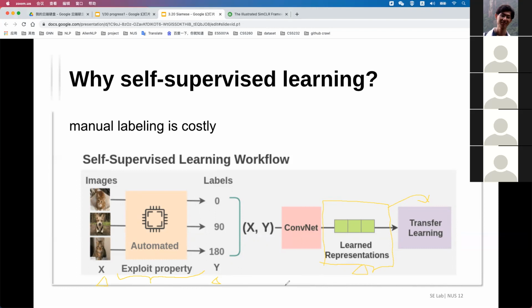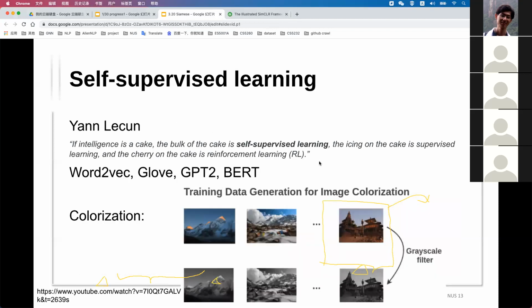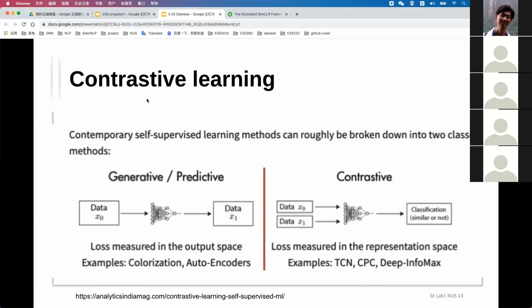Yeah, but because manual labeling is costly, there's not much data set that is labeled. Okay, keep going. I think there's no need to linger around the definition stuff. We somehow get a feeling of self-supervised learning. Let's keep going.